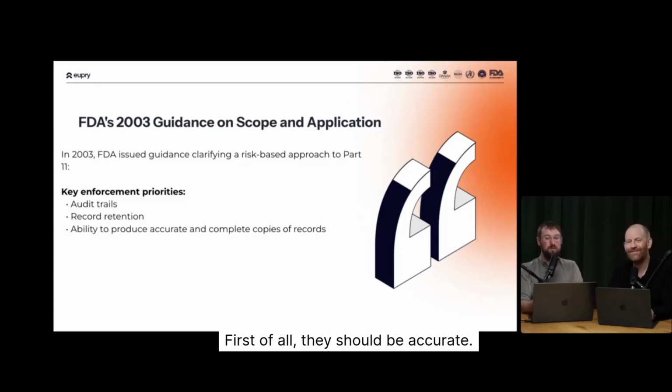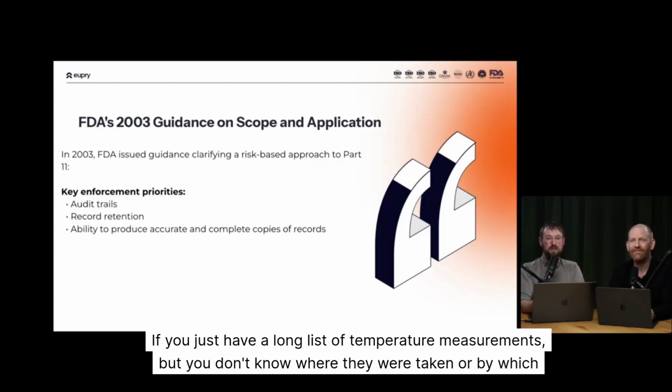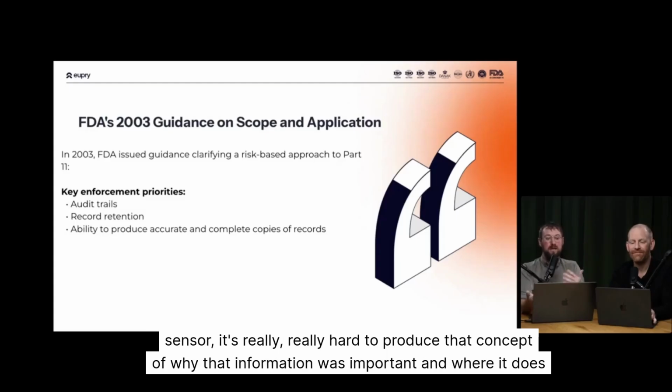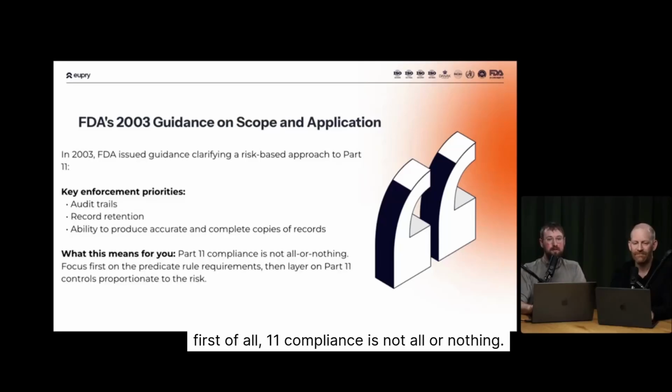First of all, they should be accurate. They should be in the same representation as they were captured, but also they should be complete. If you just have a long list of temperature measurements, but you don't know where they were taken or by which sensor, it's really hard to produce the concept of why that information was important and what it applies to.